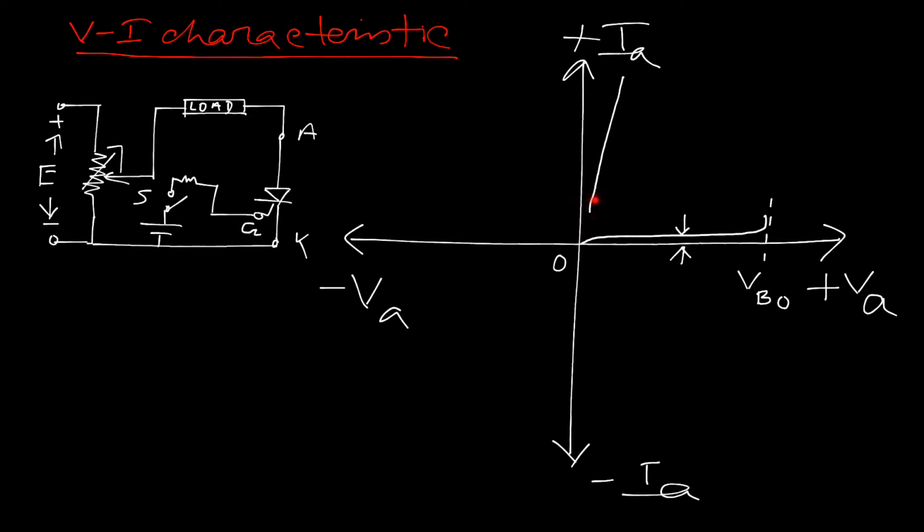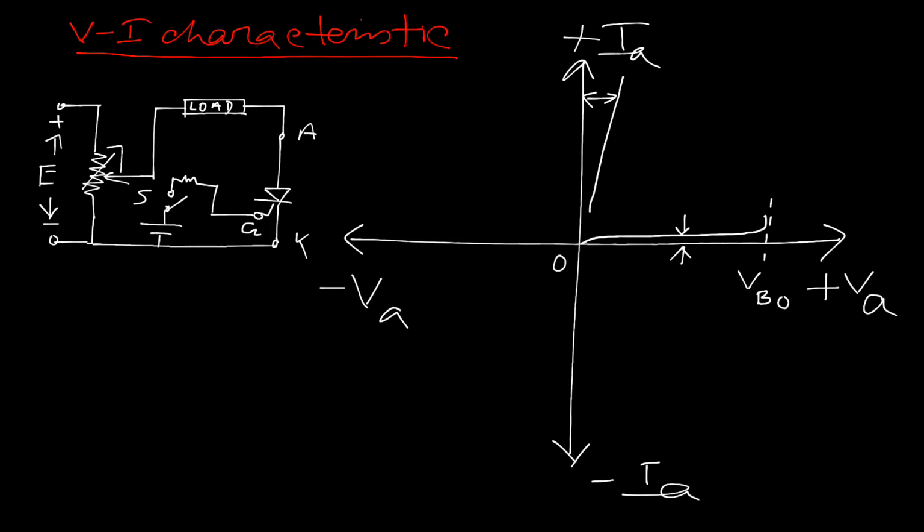As there is no barrier of junction J2, the current increases rapidly with respect to a small increment of biasing voltage. This slope is defined by this one. This happens for the forward conduction mode, and this is called the forward voltage drop due to the presence of 4 layers and 3 junctions.